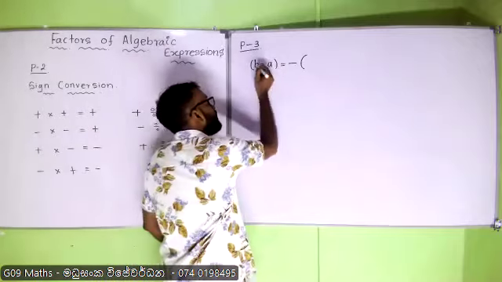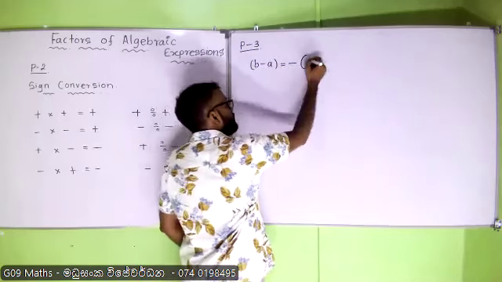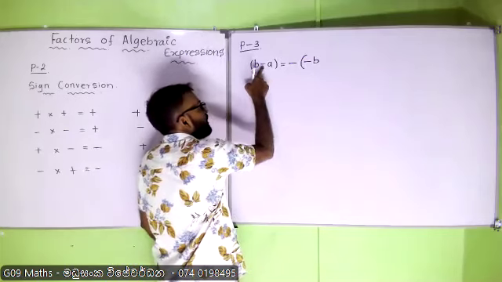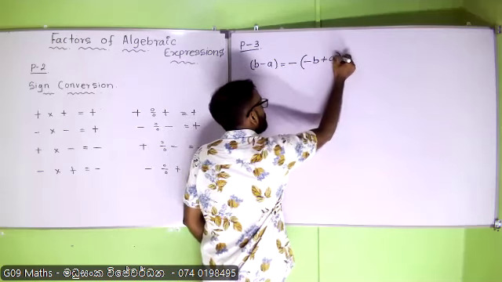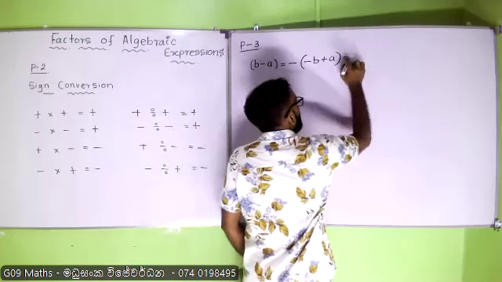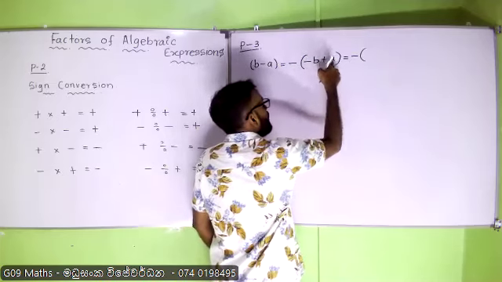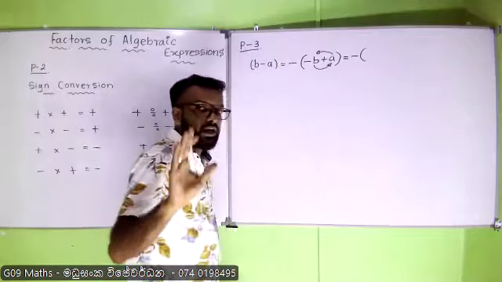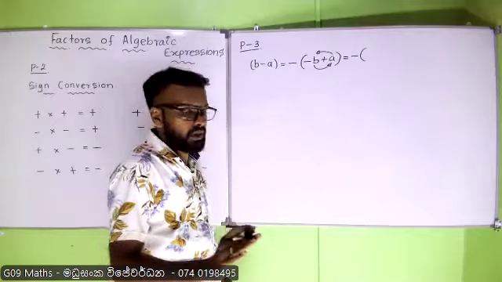Right. So this is positive B. If you are taking the negative sign out, this becomes negative B. If you are taking the negative sign out, negative A becomes positive A. Alright. So finally you can write this as negative sign, A minus B. You can change the terms. Write as it is. Some of you might know this, doesn't matter.